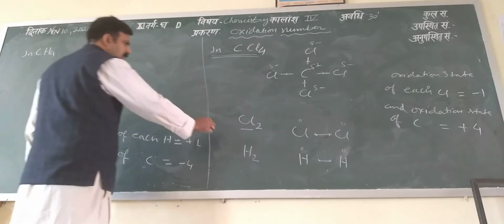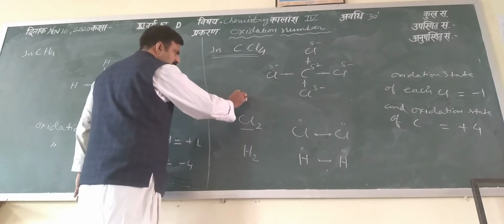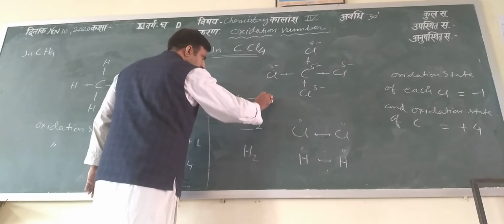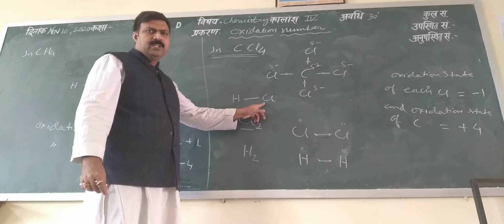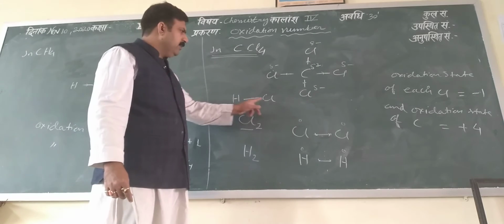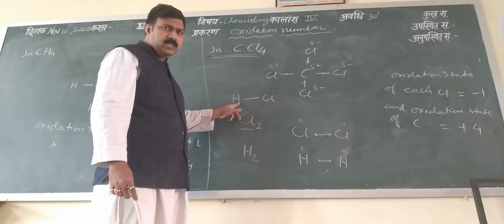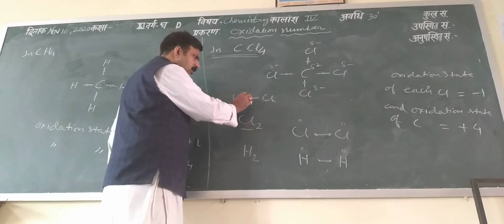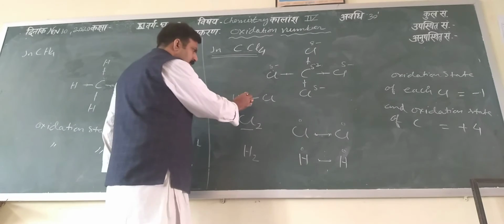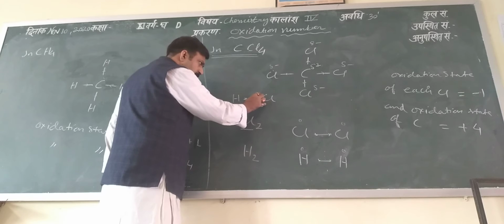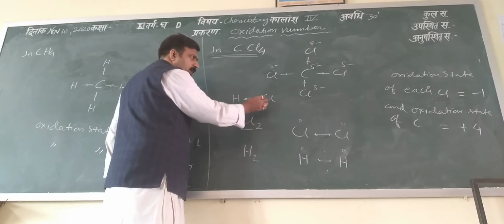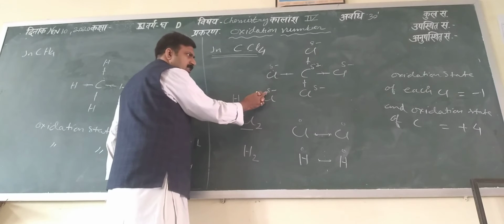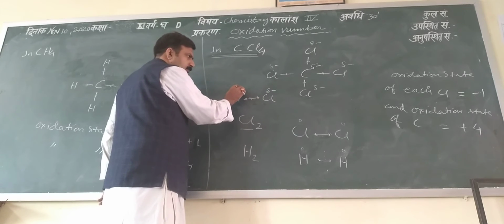But in case of HCl, this bond is between hydrogen and chlorine. Chlorine is more electronegative, hydrogen is less electronegative. So the shared electron will not be equally shared. This bond will polarize towards the chlorine atom. So chlorine becomes slightly negative, hydrogen becomes slightly positive.